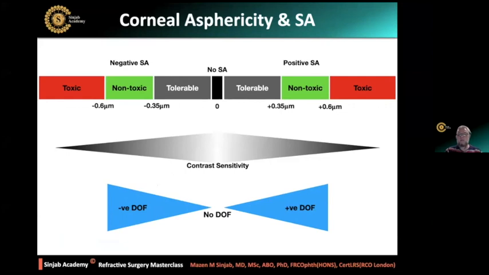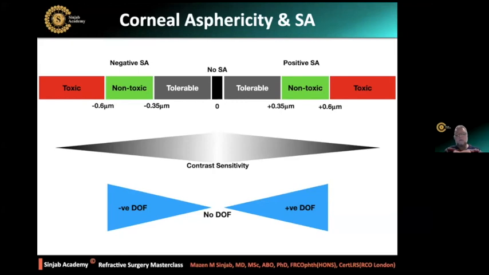Now, if it is in the green zone, it is the non-toxic, between 0.35 and 0.6. It is non-toxic, which means that if anybody has it, there will be neural adaptation and the brain can see sharp as well. But if it is beyond 0.6, it is toxic and the brain cannot tolerate it.